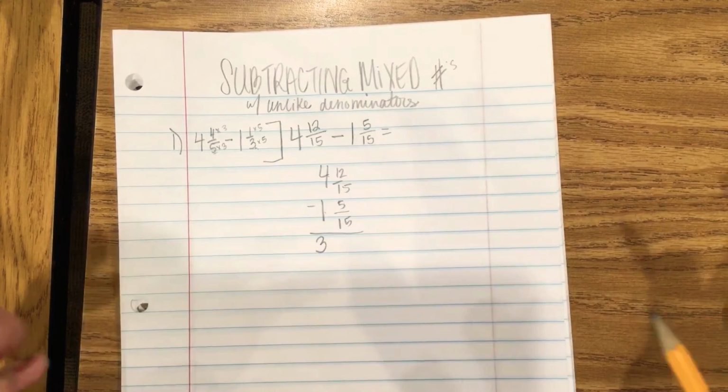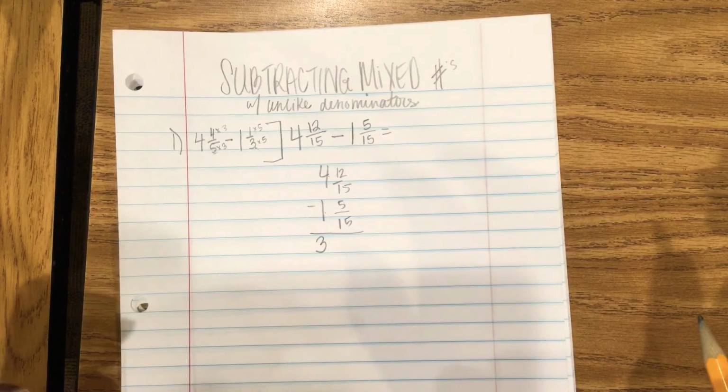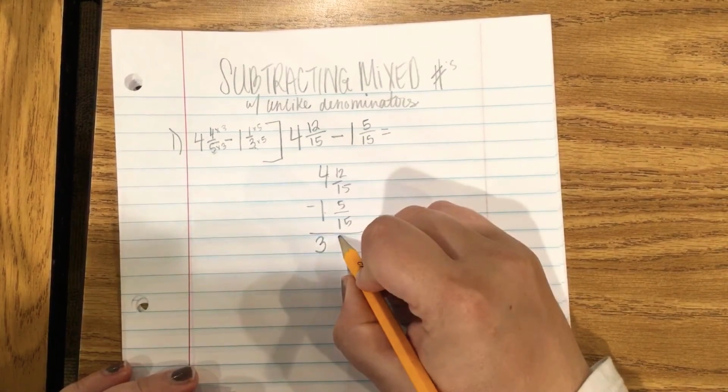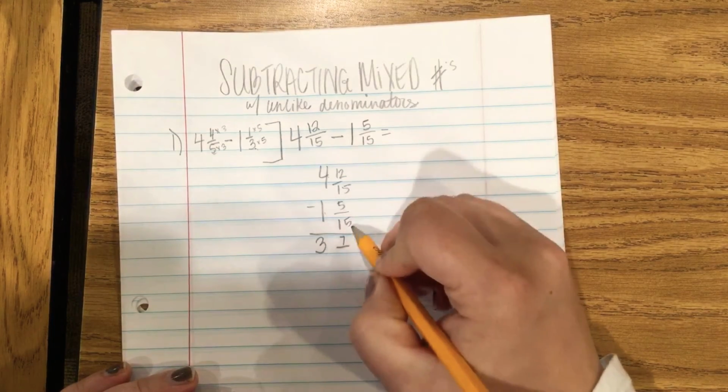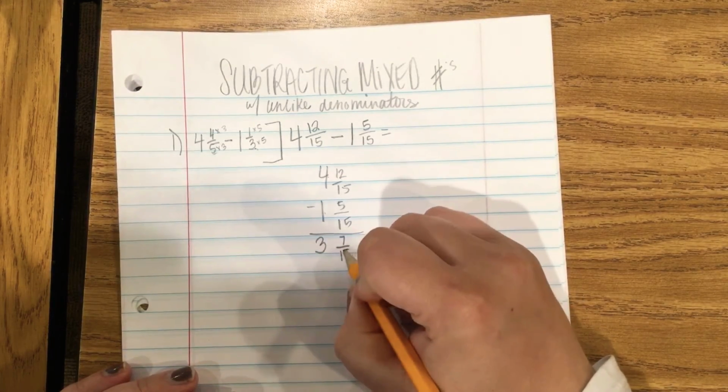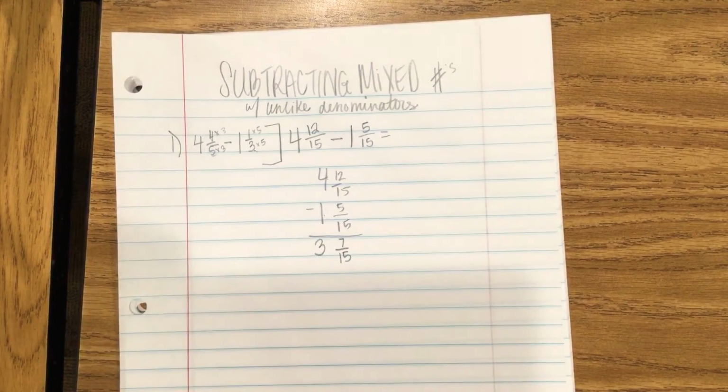I know you can say it. It's 7. 15 and 15, it stays the same. And that is my answer.